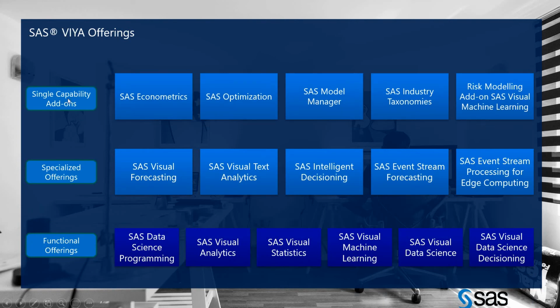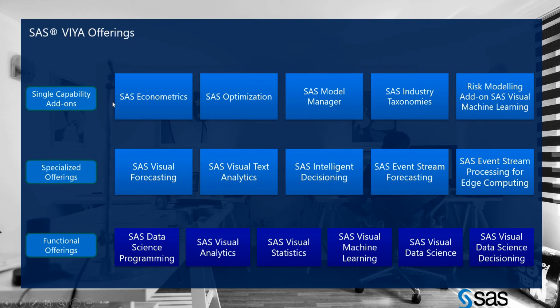Next is single capabilities add-ons. So these two features they are offering, and if you want some more advanced things, there are SAS Econometrics and SAS Optimization, SAS Model Manager, SAS Industry Taxonomies, Risk Modeling add-on, and SAS Visual Machine Learning.